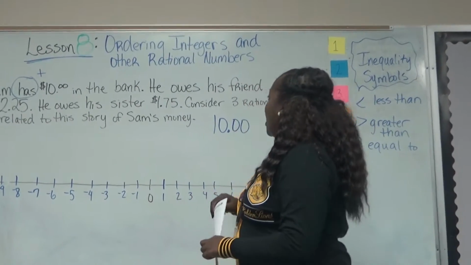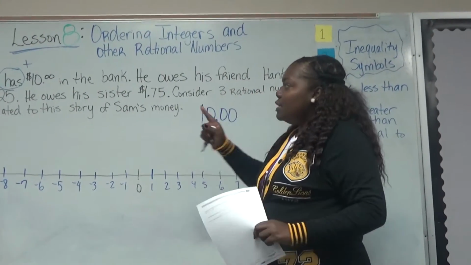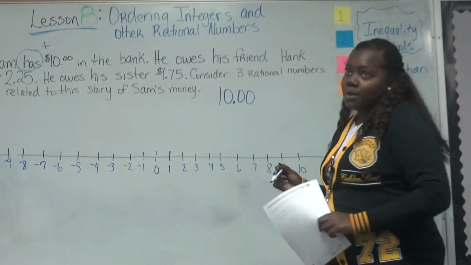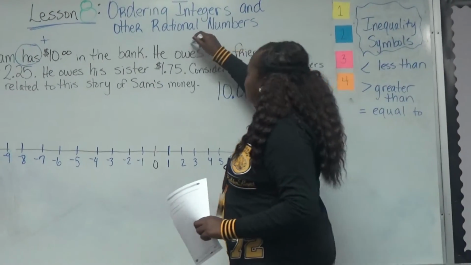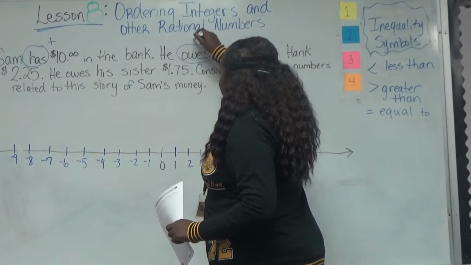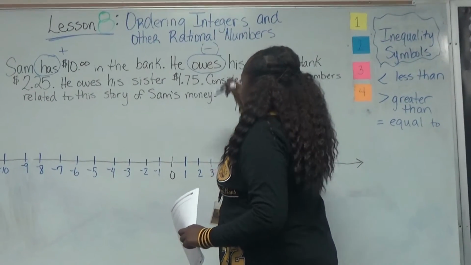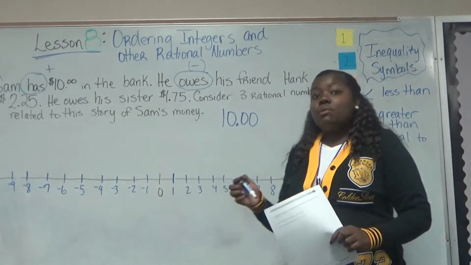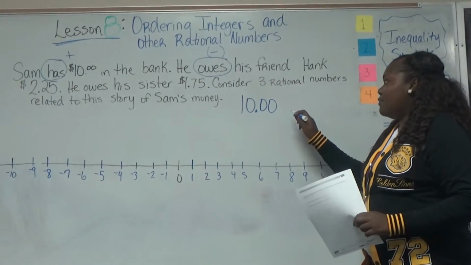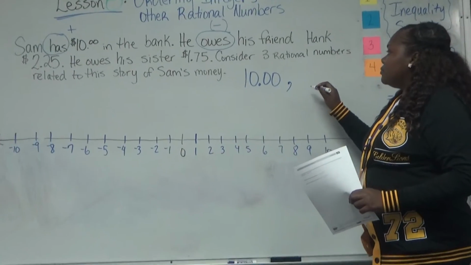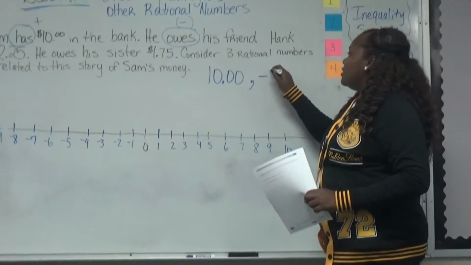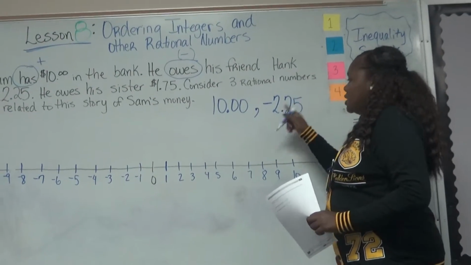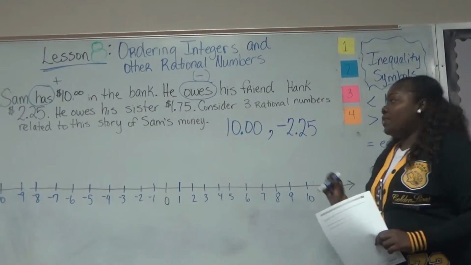Then it says he owes his friend Hank $2.25. The key word here is owes. Owes lets me know that this is negative. So he owes his friend $2.25. What type of rational number would I write for that? A negative, negative $2.25. Just like that, negative 2.25.